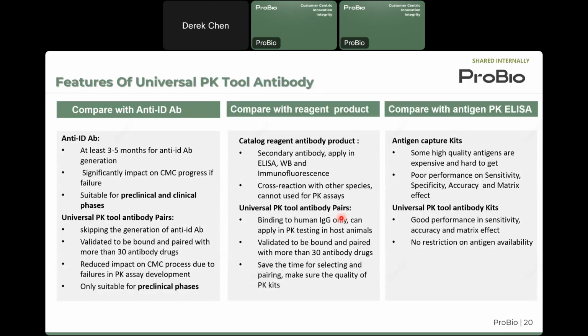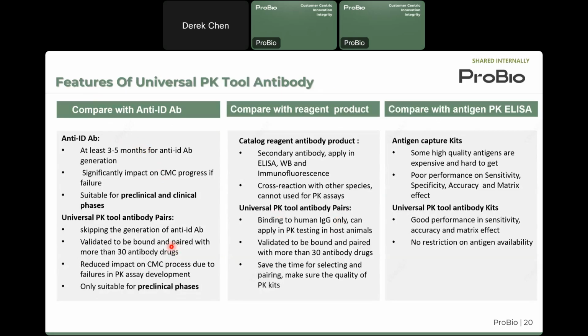Compared to anti-idiotype antibodies, the universal PK2 antibody is already validated for pairing and ready to use for PK assay development.